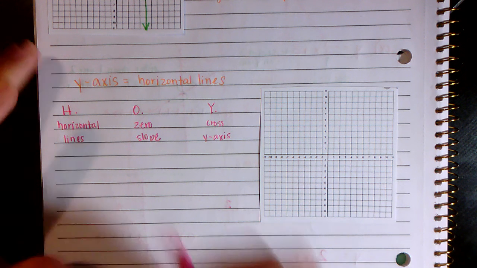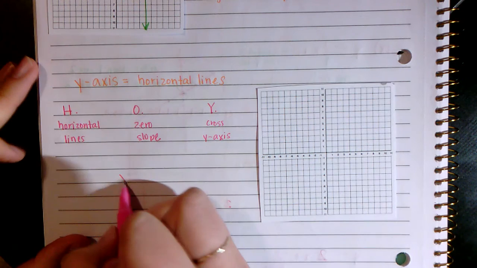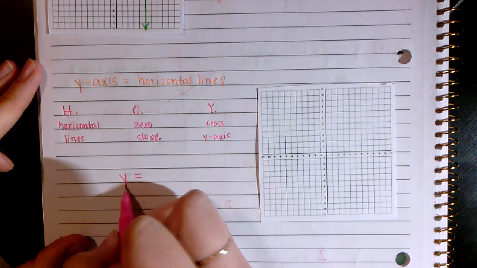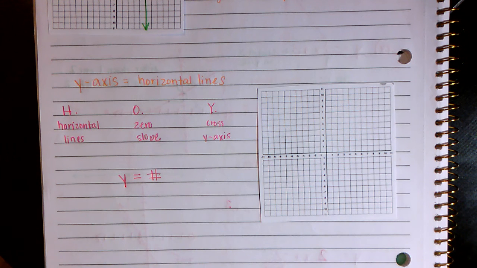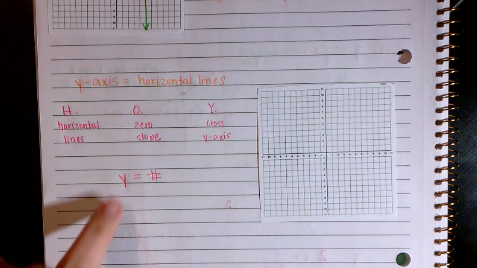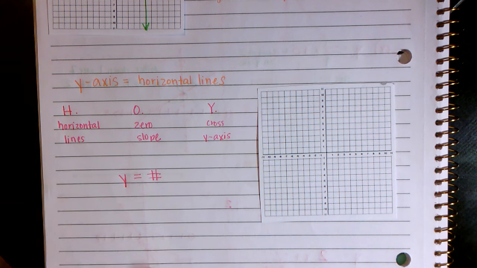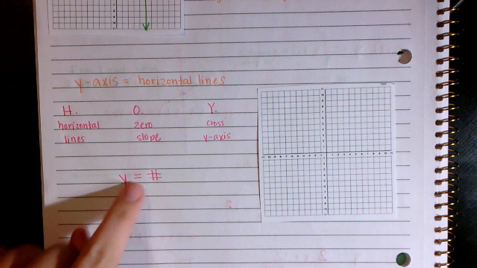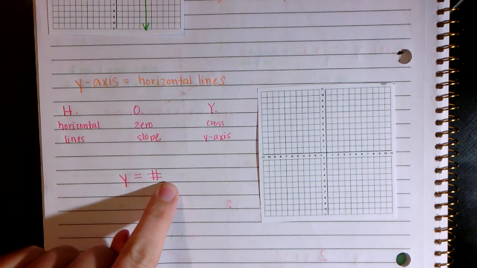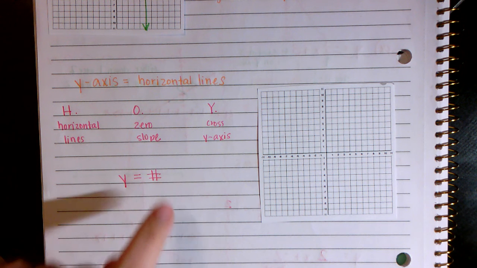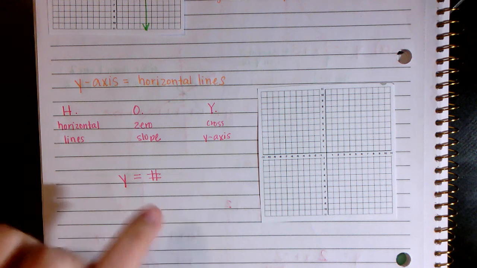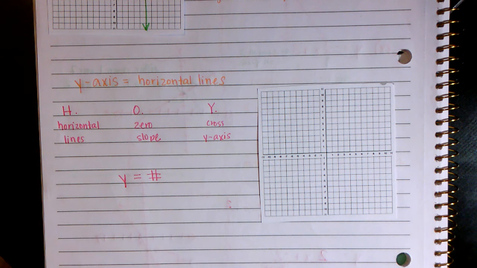So again, when you see y, just y, nothing else, equals a number, not y equals a number and has x beside it. That's completely different. If this was y equals 2, that's a whole different line than y equals 2x, right? Remember, if it's got the x attached to it, that means it's going to have some sort of slope to it, some sort of incline or decline, positive or negative.